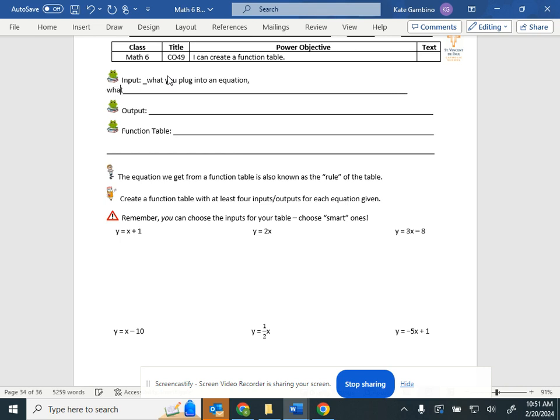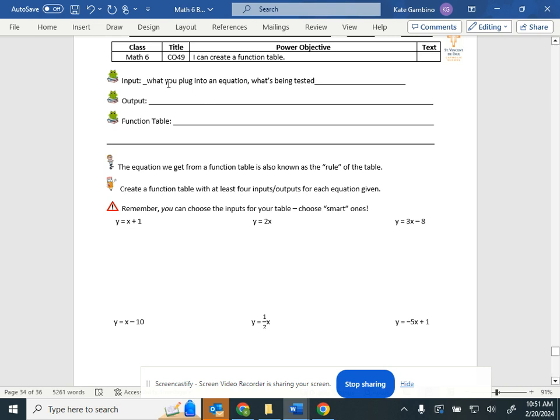It's what's being tested. So the input is what you plug into the equation, what you're putting in. So think about if you have a variable, what you're putting in for that variable, what's being tested.